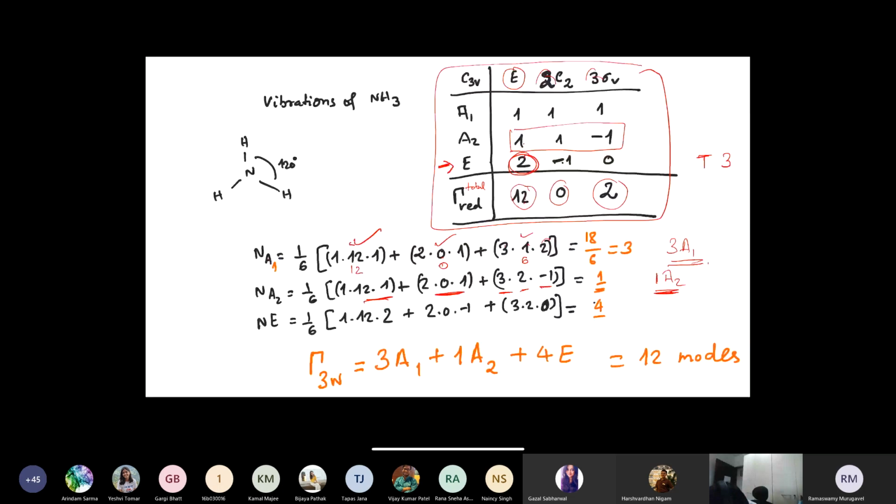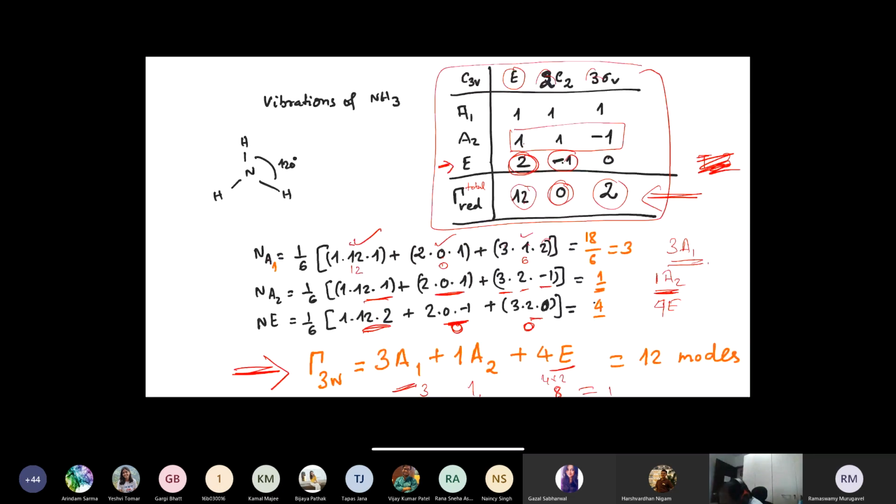So the total reducible representation for all degrees of freedom is 3 times A1, 1 time A2, and 4 times E. This is a 2-dimensional one, so it's actually 4 into 2, 8 degrees of freedom. 8 plus 1, 9 plus 3, 12 degrees of freedom. Is this point clear?